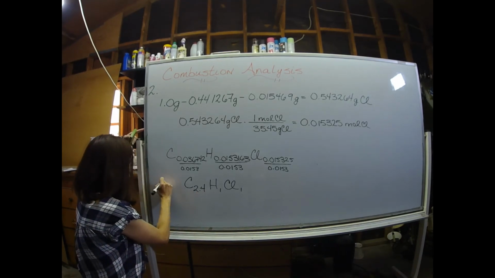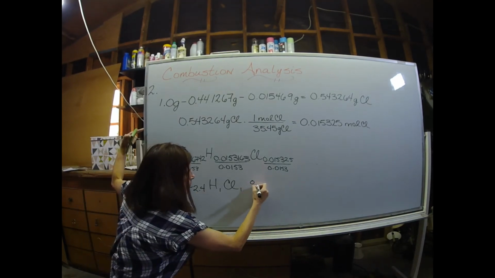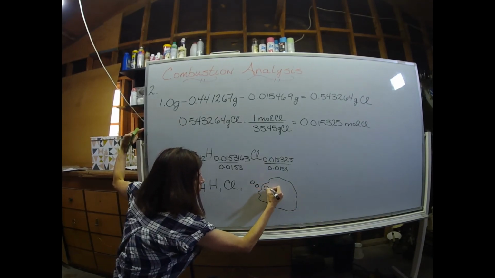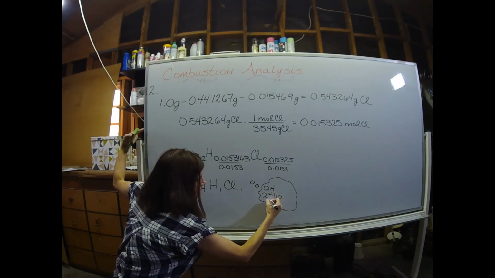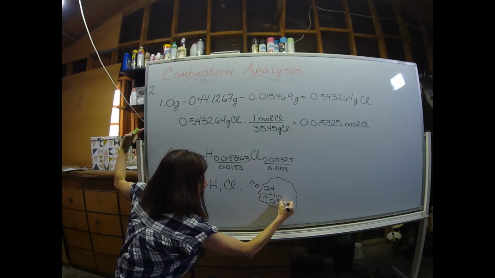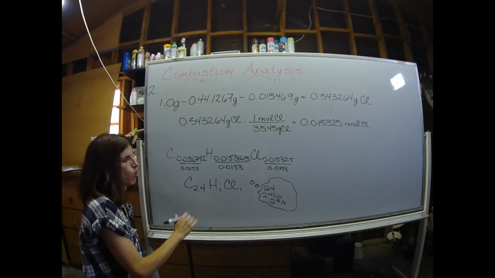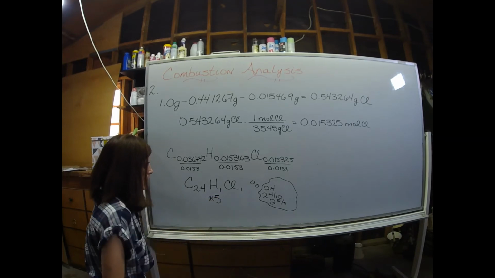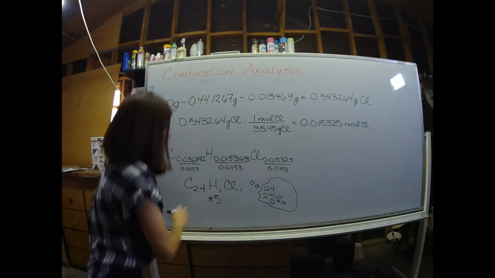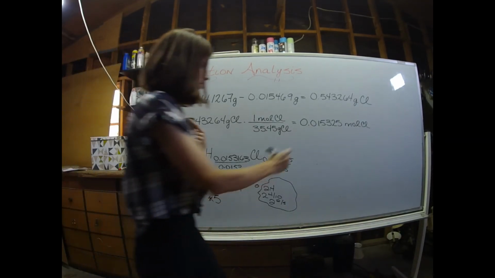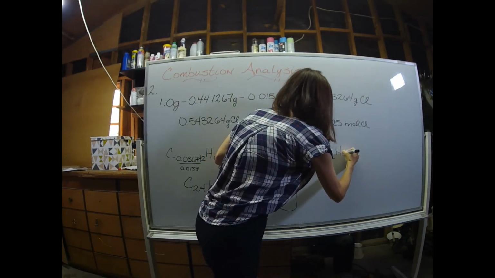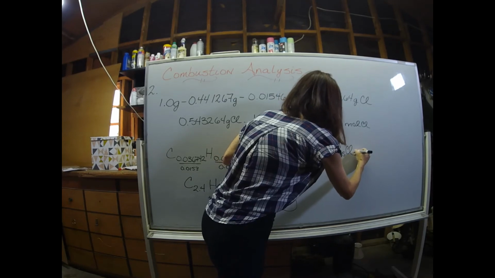So I'm thinking, thought bubble here, 4/10. 2.4 is like 2 and 4/10, 2 and 2/5. So this whole thing needs to be multiplied by 5. And when I do that, I get C12 H5 Cl5.